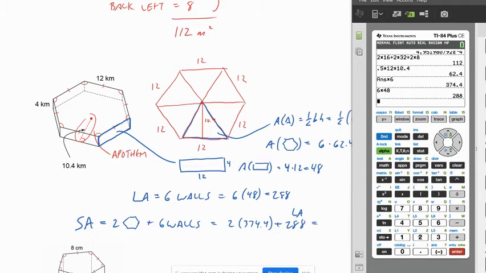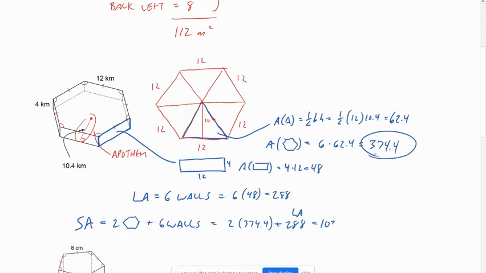So we have 2 times 374.4 plus 288. That is 1036.8. And that's an area again, so it's going to be in square units. So in this case, kilometers squared. And that is our final surface area.